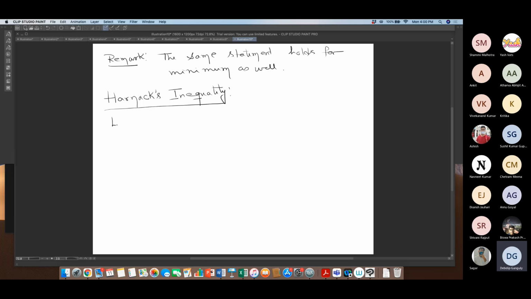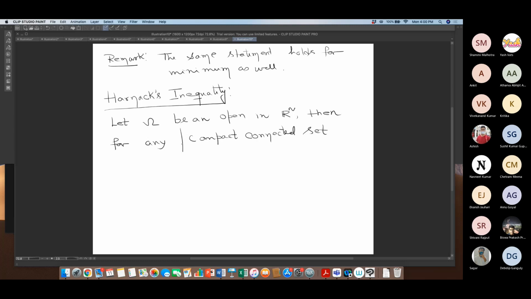Okay, so let omega be an open set in R^n. Then for any compact connected set K in omega, there exists a positive constant C_K which depends on the compact set K. That's all.